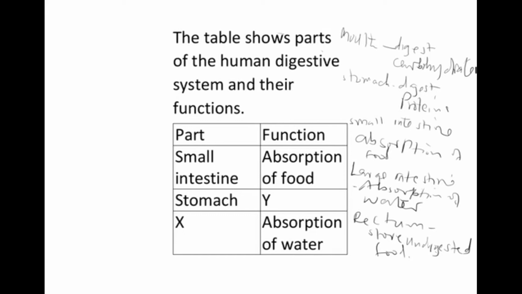So with all that information, now we can fill our gaps. We have part and function, small intestine, absorption of food, and according to our explanation the small intestine absorbs food after it has been digested. We have stomach, and the work of the stomach here, it is the digestion of protein.